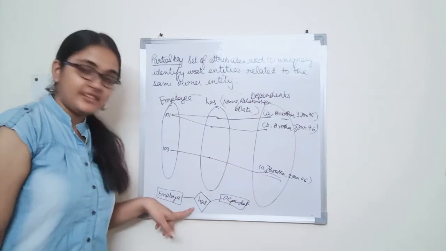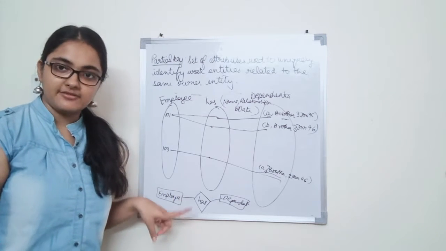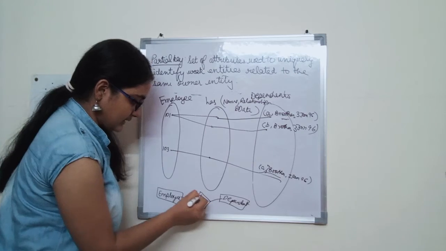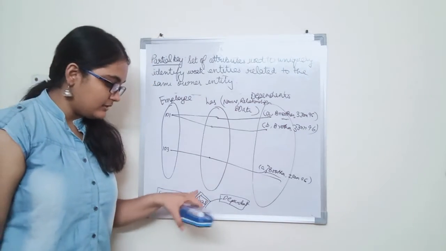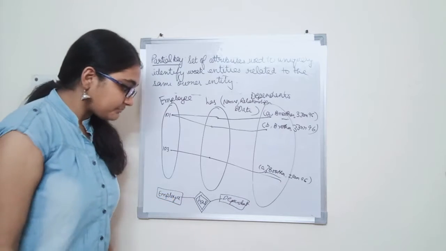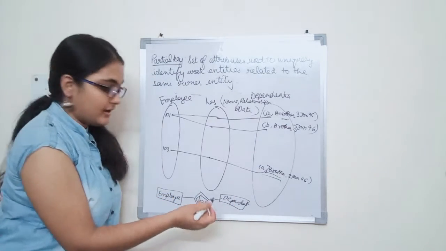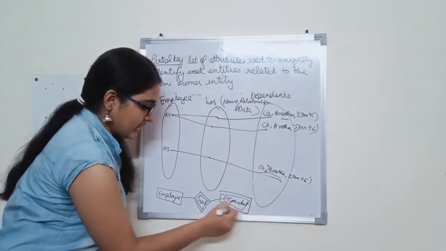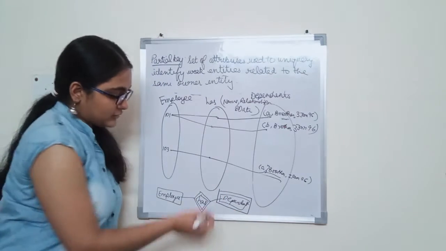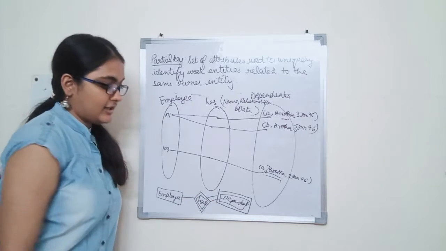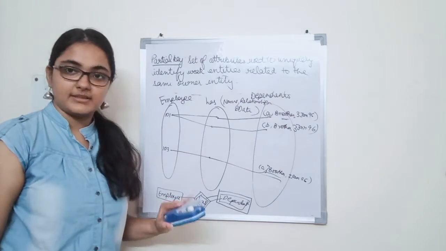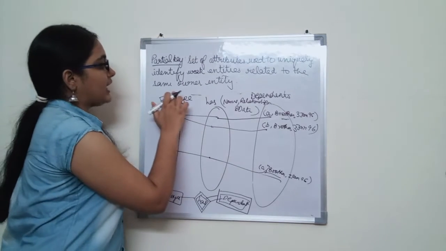Since it is an identifying relationship, in order to specify it we represent it like this: a double line diamond, or whatever you may call it. Also, the dependent entity is a weak entity type, so we represent it like this. And the participation of the weak entity type in the identifying relationship is total. And we can also mention the cardinality.